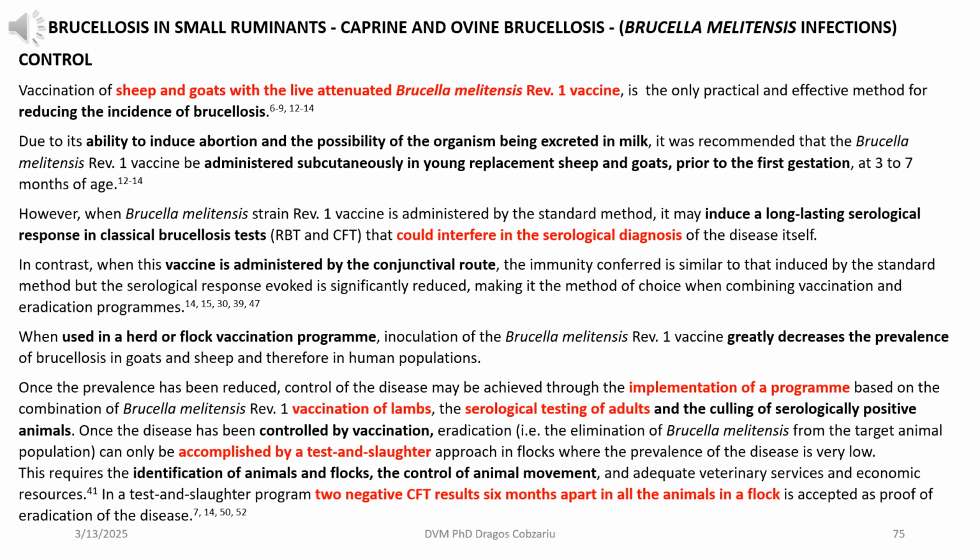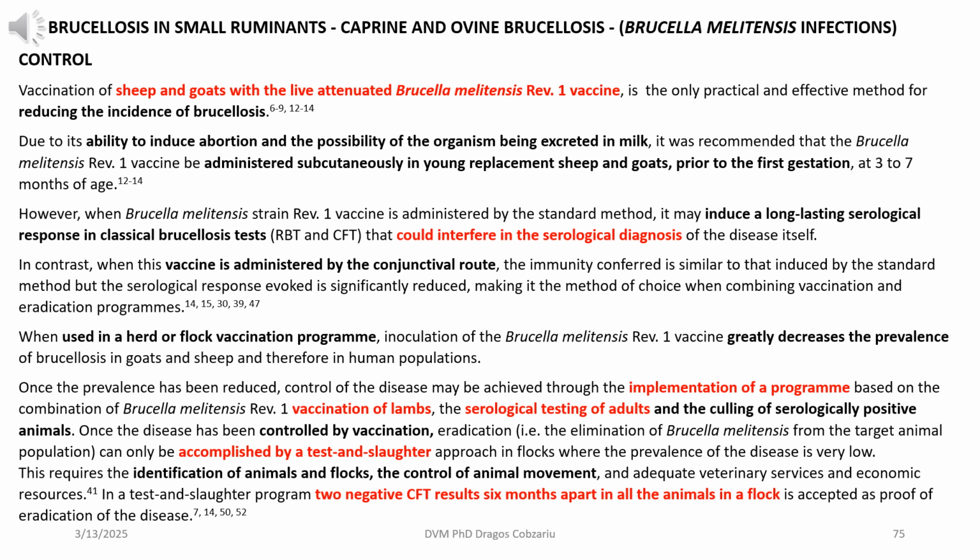However, when Brucella melitensis strain Rev.1 vaccine is administered by the standard method, it may induce a long-lasting serological response in classical brucellosis tests, RBT and CFT, that could interfere in the serological diagnosis of the disease itself.